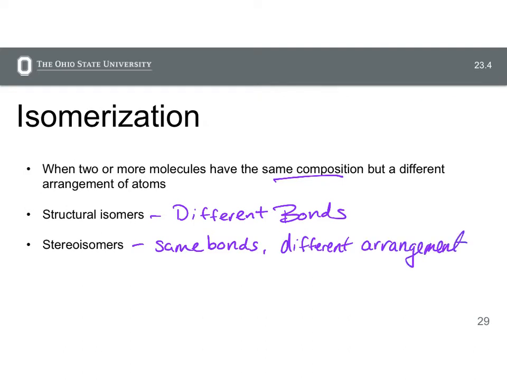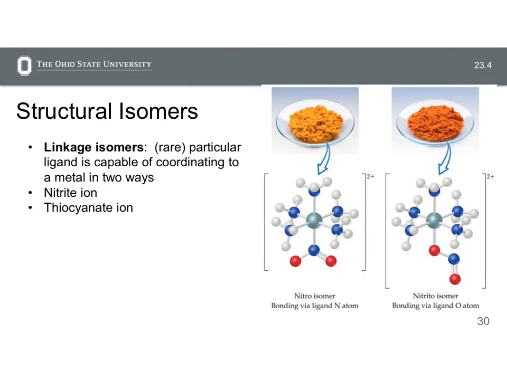That different arrangement refers to 3-dimensional space. So we're going to look at these models here a little bit, but let's go through a few more definitions and explanations of what these different possible isomers are.